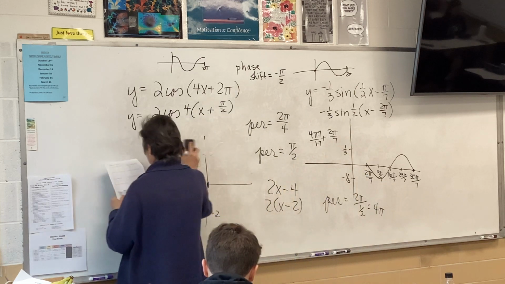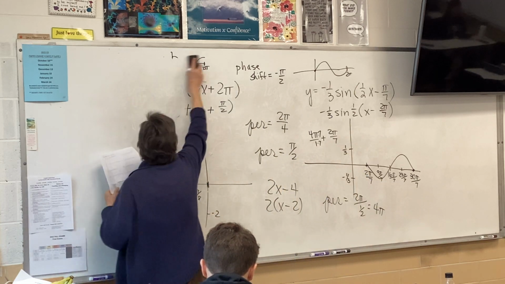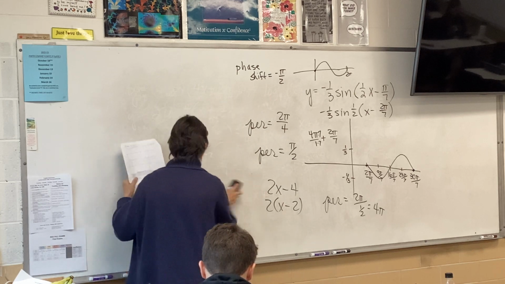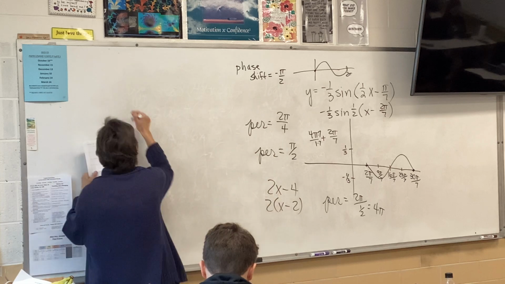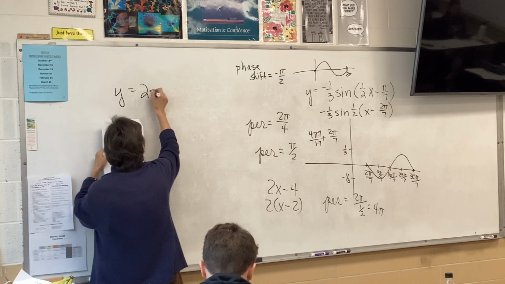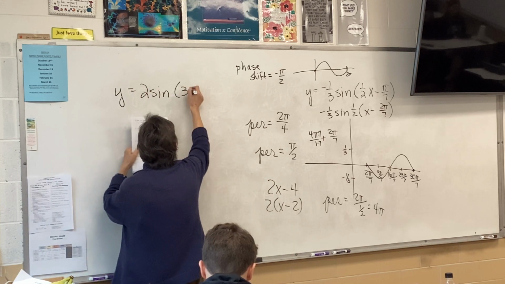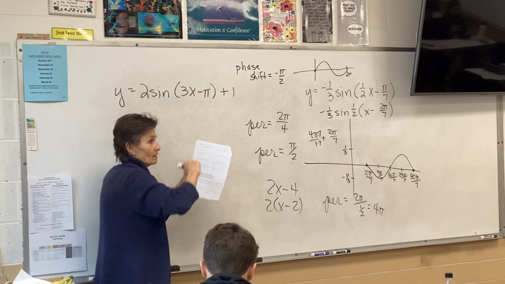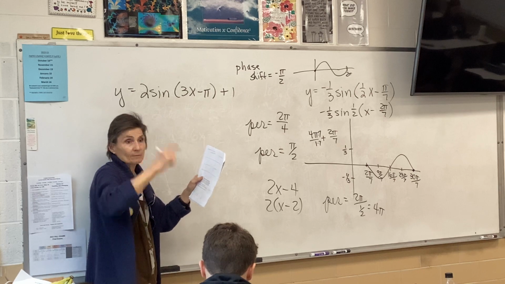It has an additional complication. What is the extra piece now that's thrown into problem D? There's a +1 on the end. Who remembers what that does? That's your vertical shift, right?